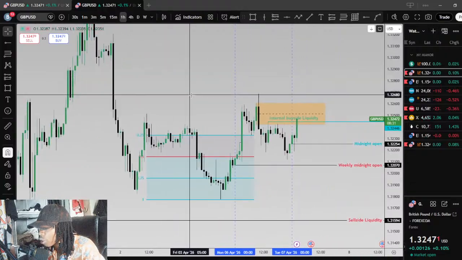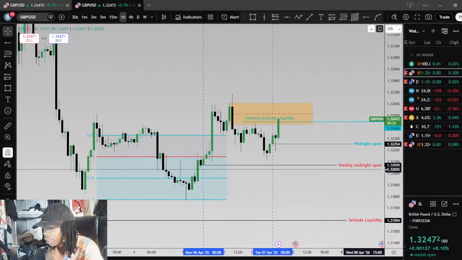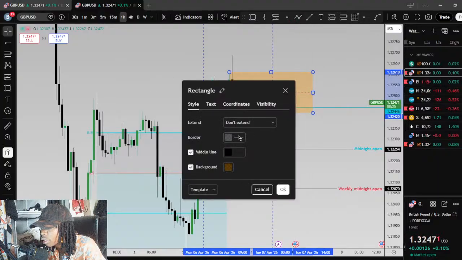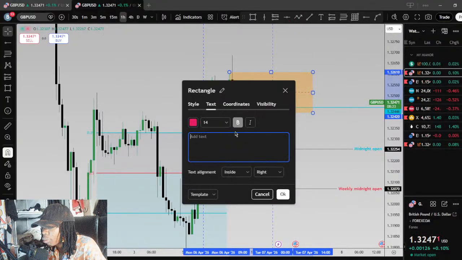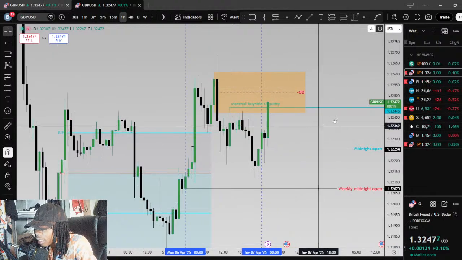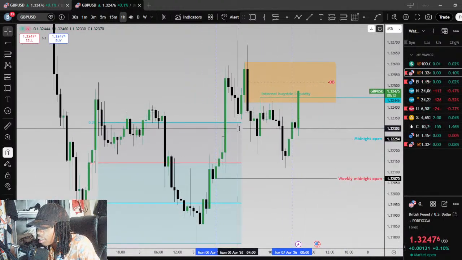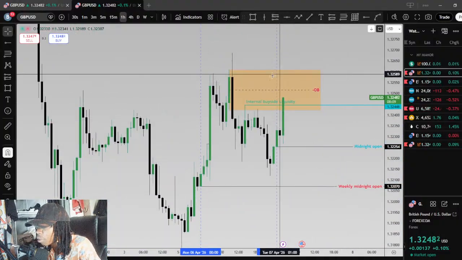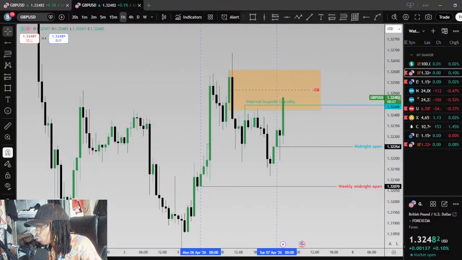We know what we're looking for. Don't need it right now. So I'm looking at this bullish OB, bearish OB. So I can put it as bearish OB structure. I'm kinda expecting price to have some reaction of fear if we were to go lower.